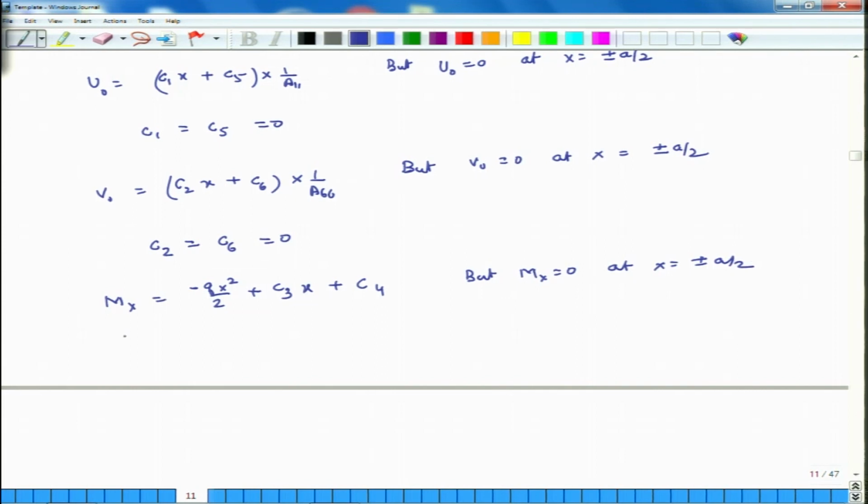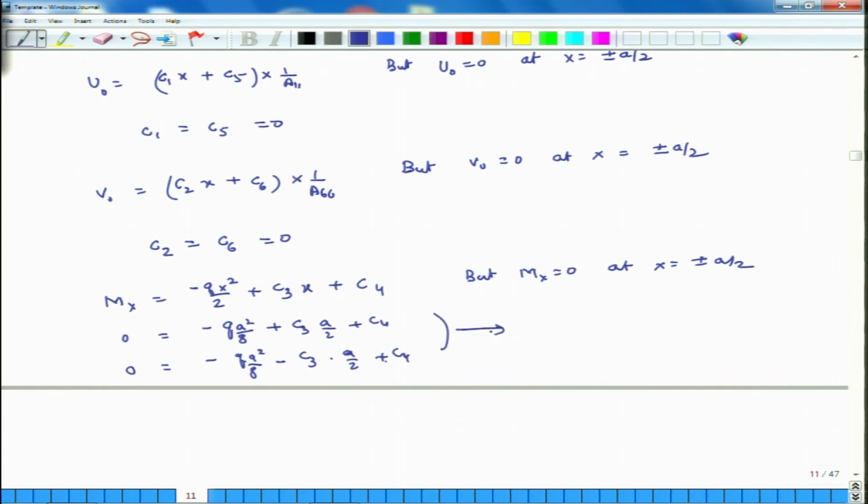So, we get 2 equations: 0 equals minus q a square over 8 plus C3 a over 2 plus C4, and the other one is 0 equals minus q a square over 8 minus C3 times a over 2 plus C4.